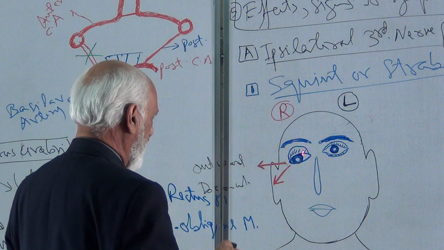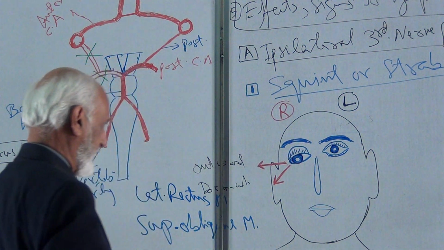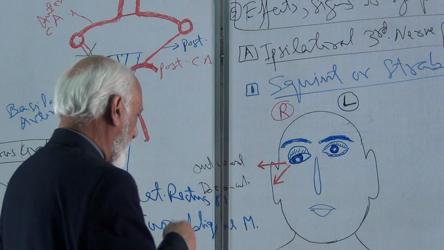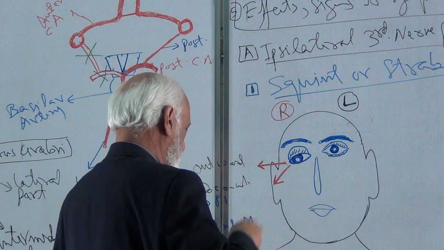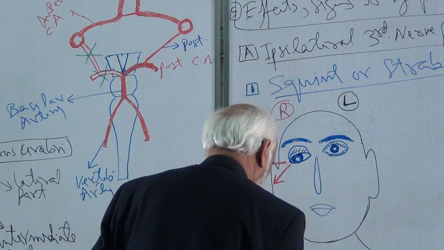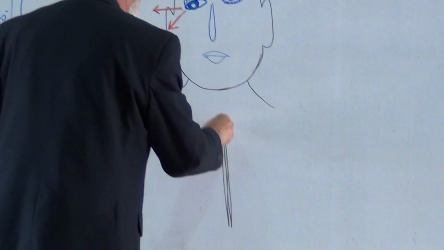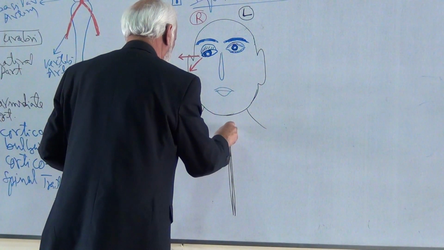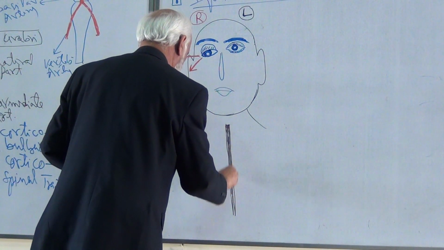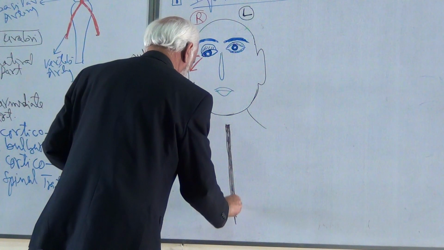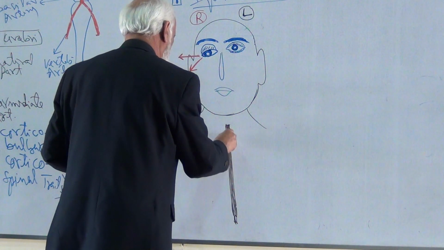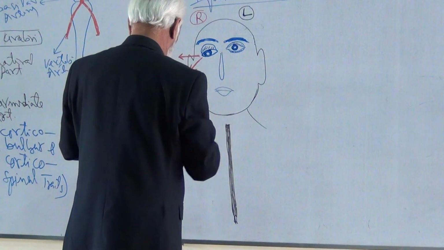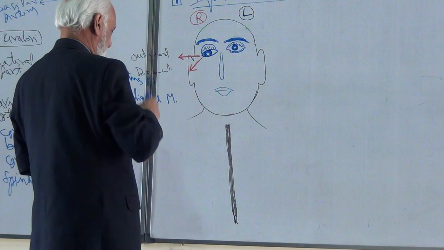Suppose in this diagram the right oculomotor nerve is shown. This will be explained by this diagram also, as I drew before, the functional diagram. This is a functional diagram regarding muscle actions.